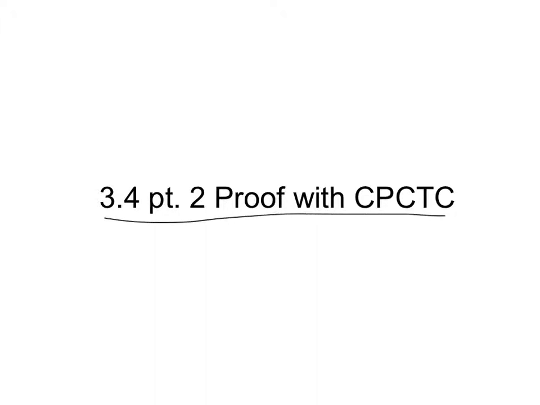When you're proving things, there's one thing that comes up a lot, especially when you are talking about congruent triangles, and that is called CPCTC. What that means is corresponding parts of congruent triangles are congruent.